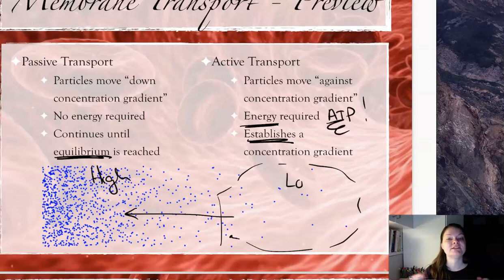Okay, let's put this in context of homeostasis and the multicellular organism's ability to maintain homeostasis, because a lot of the different things that we need, whether it's a nutrient that we're taking in or it's getting rid of a waste, a lot of them are going to rely on passive transport.